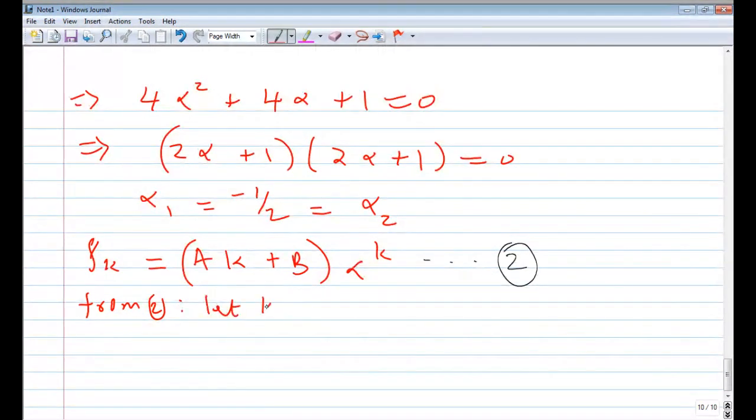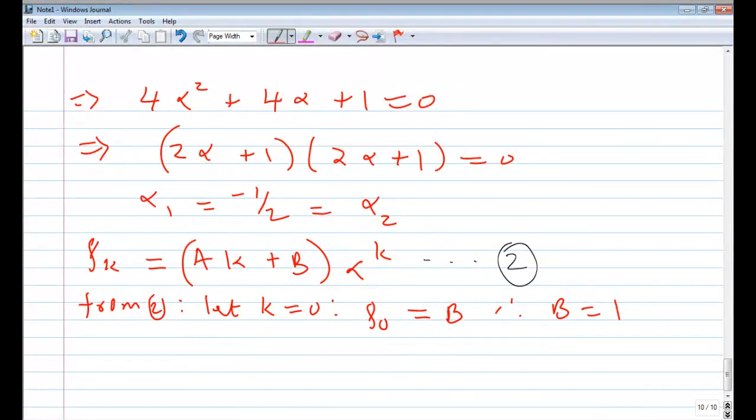If K equal to 0 now, what do you get? Rho 0 equal to B, isn't it? If K is 0, therefore B equal to 1.